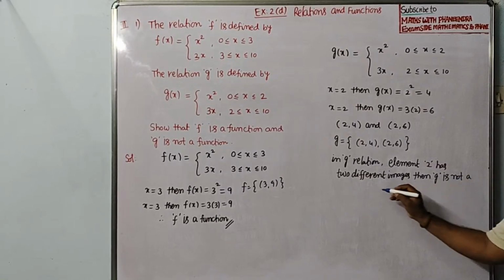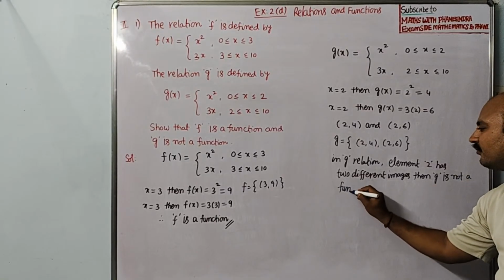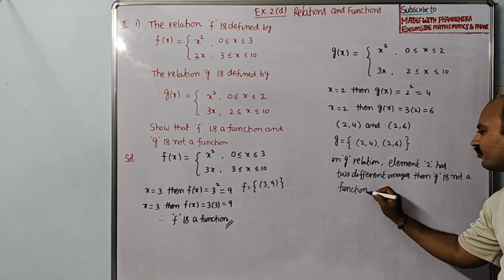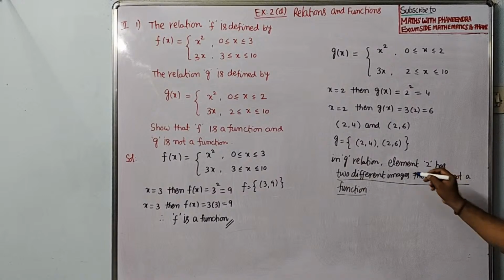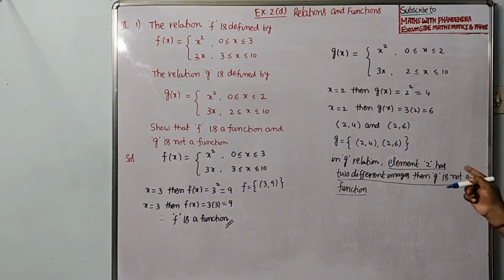G is not a function. Element 2 has two different images, then G is not a function.